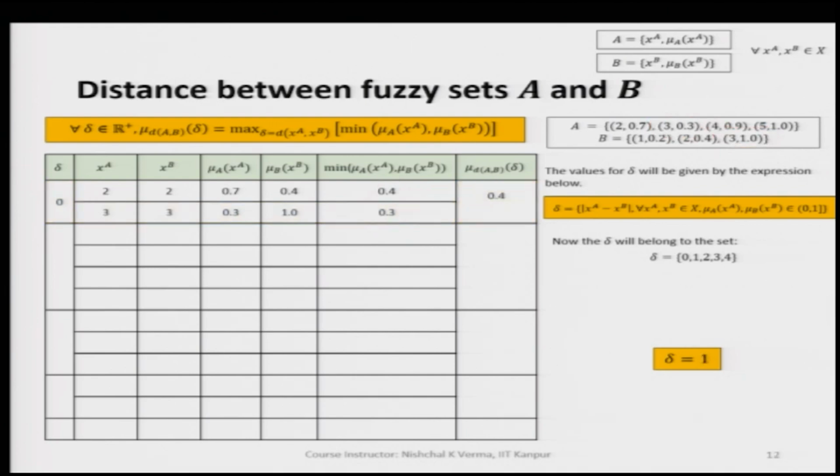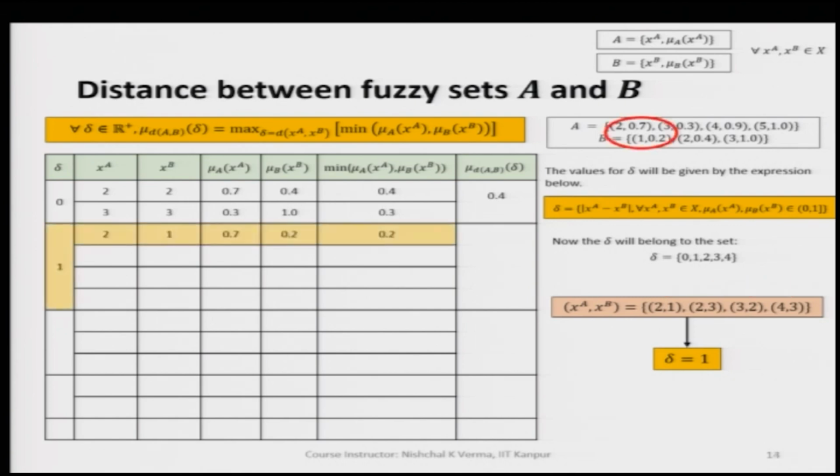Now let us move ahead and take delta equal to 1. When we take delta equal to 1, we see that these are the combinations, these 4 pairs, and these 4 pairs will be entered in the table. I am quickly moving ahead, since you already know how we fill these entries, so we can quickly fill them here.